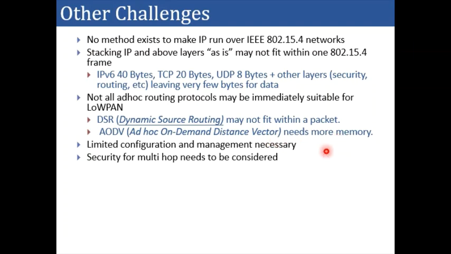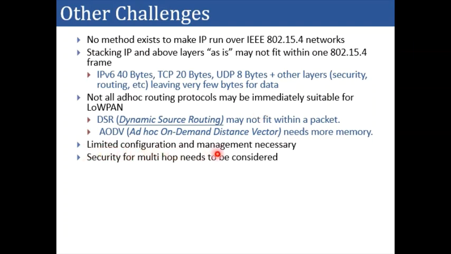So because of that, the standard solutions which are available at the TCP/IP layer cannot be utilized in the IoT devices until we implement IPv6 based wireless personal area network.